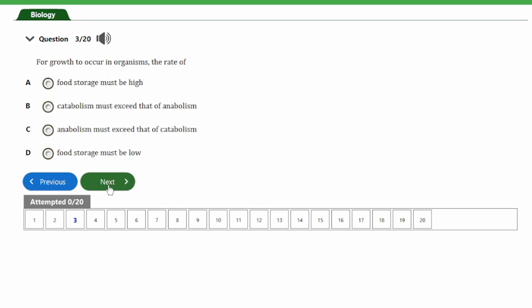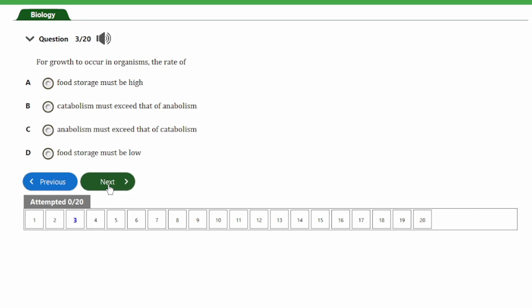So let's look at the next question, and that's question number 3. It says, for growth to occur in organisms, the rate of A, food storage must be high, B, catabolism must exceed anabolism, C, anabolism must exceed that of catabolism, and D, food storage must be low. So guys, for growth to occur in organisms, the rate of anabolism must exceed that of catabolism.